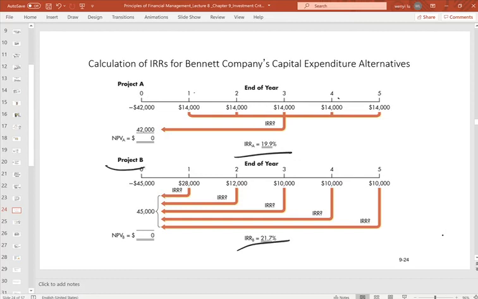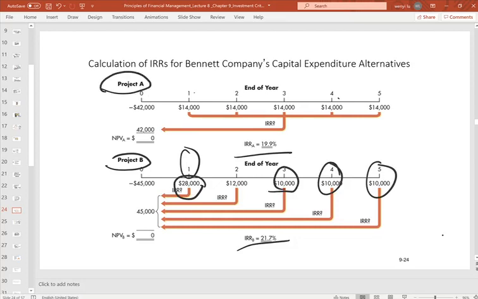For project B, the bigger cash flows come earlier and the small cash flow comes later. But for project A, every year the company will receive the same amount of cash flows.